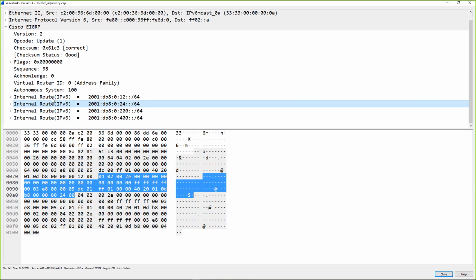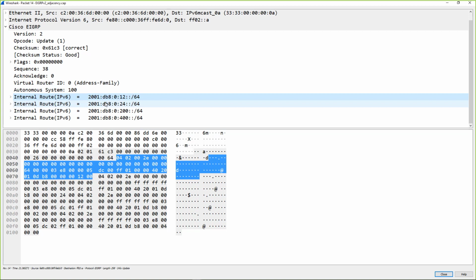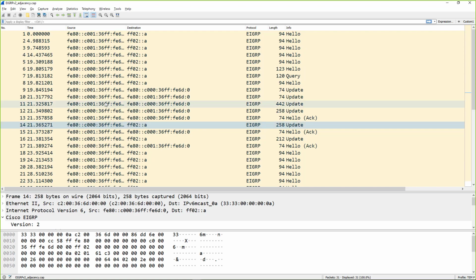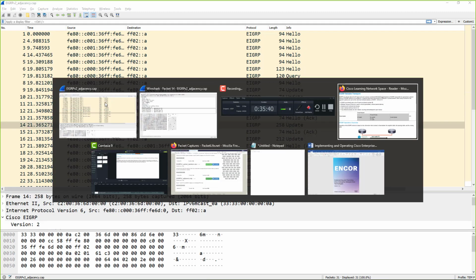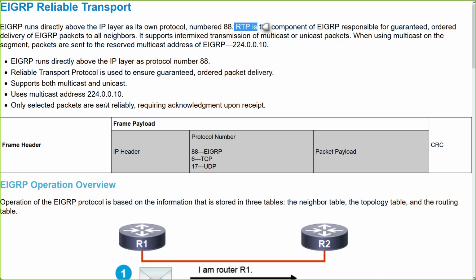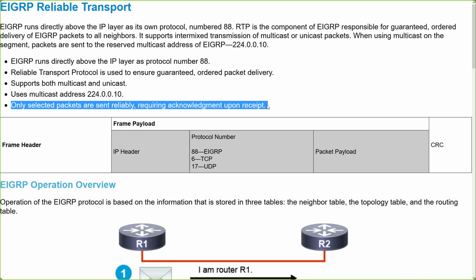This is an update, which means that we're advertising information about prefixes, in this case v6 prefixes. So every EIGRP packet has a fixed header, and then it carries that specific EIGRP payload information. All right. Now it says here also, only selected packets are sent reliably, requiring acknowledgement upon receipt.